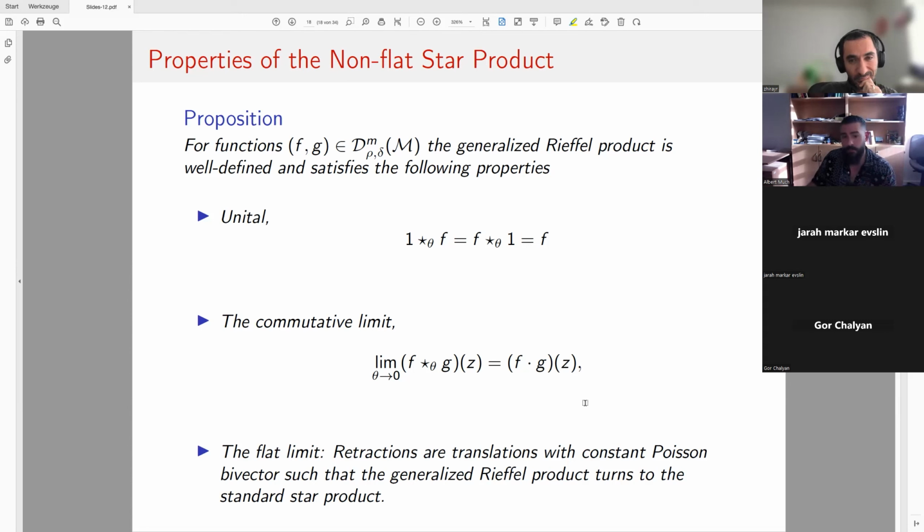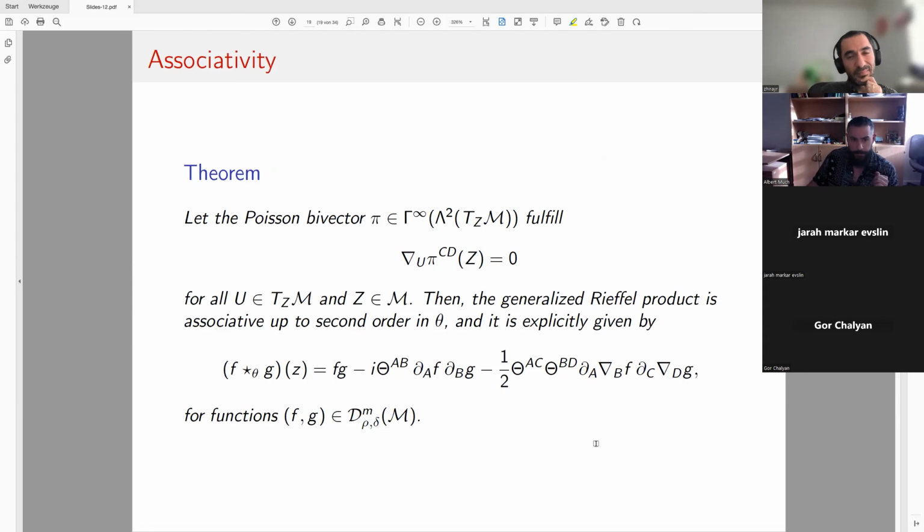And the flat limit: retractions are translations with constant Poisson bivector that turn this generalized Rieffel product into a standard star product. And now, let the Poisson bivector have a vanishing covariant derivative. Then the generalized Rieffel product is associative up to second order in theta, and it is explicitly given by this formula. Okay, so you can calculate it.